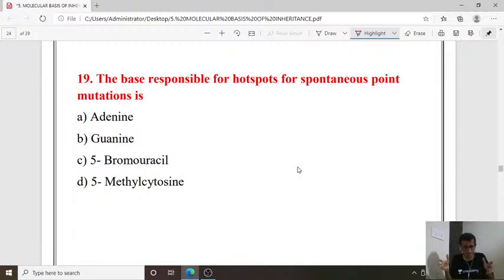So which base is considered the hot spot for point mutation, a single base pair change? That is guanine. It is more susceptible to spontaneous mutation. So the right answer for the 19th one is B.